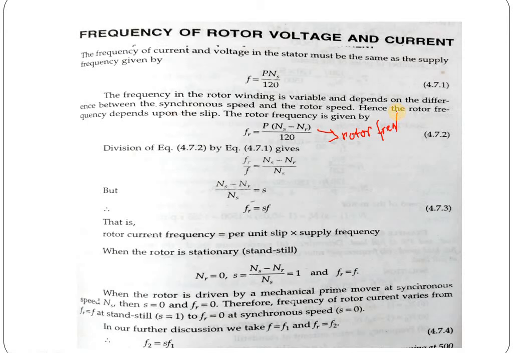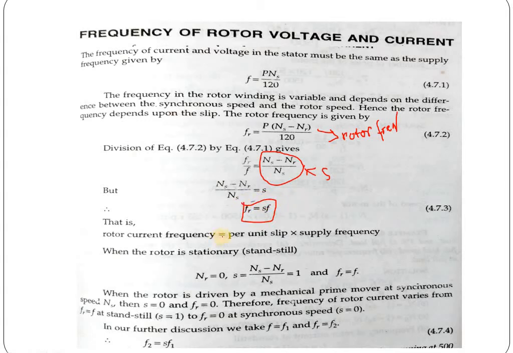Now we are dividing these two equations, 4.7.2 by 4.7.1. We are getting that fr by f equals (Ns minus Nr) by Ns, and we know that this is basically slip s. So the equation becomes fr equals s into f.